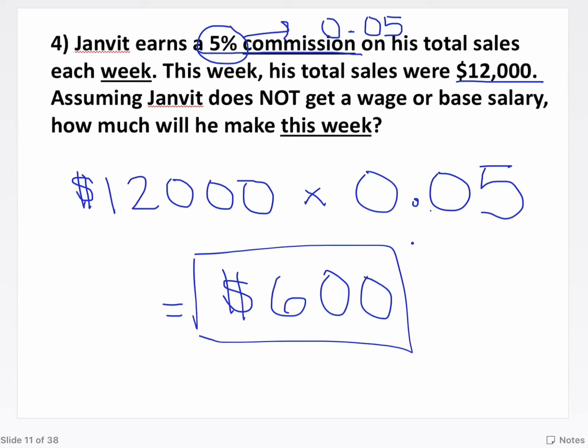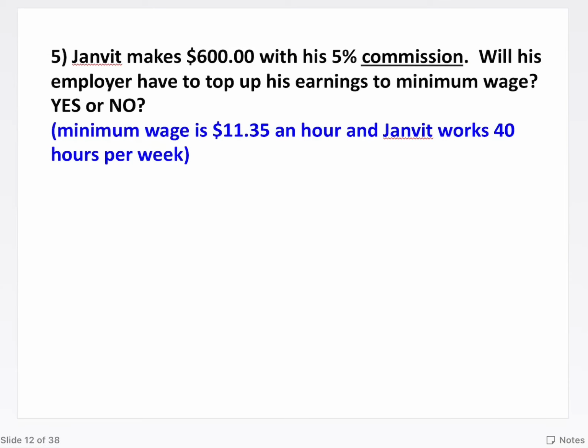Okay, next example, or this is a continuation. So we just calculated that Jan Veet would make $600 off of his 5% commission. Because commission is often protected by the Employment Standards Act, we have to figure out, will his employer have to top up his earnings to minimum wage?